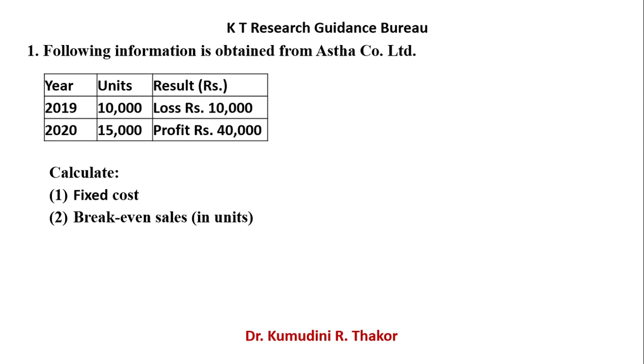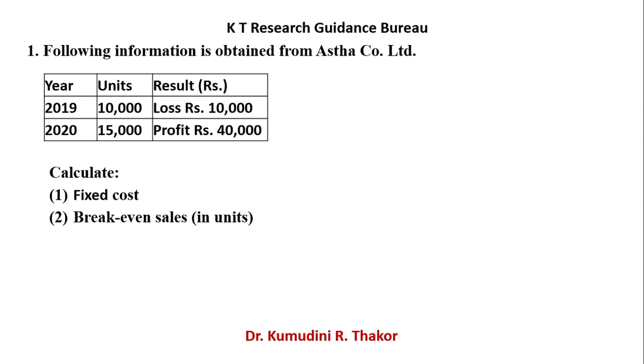The following information is obtained from Astha Company Limited. Two years data, year 19 and 20. Number of units sold are 10,000 and 15,000 respectively. So far as result is concerned, in the first year when sales was 10,000, the company suffered a loss of rupees 10,000.